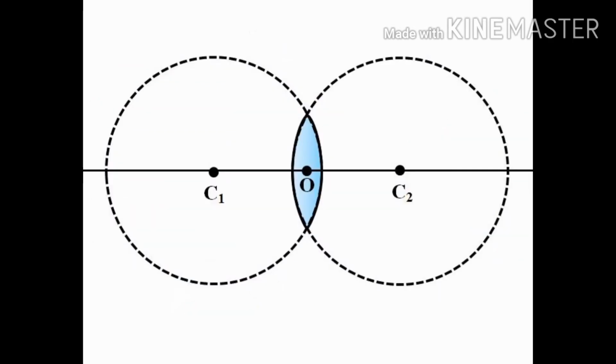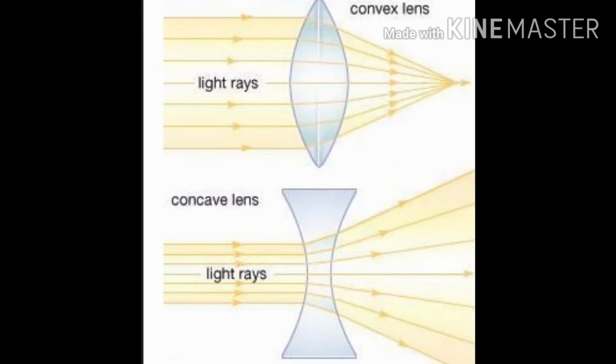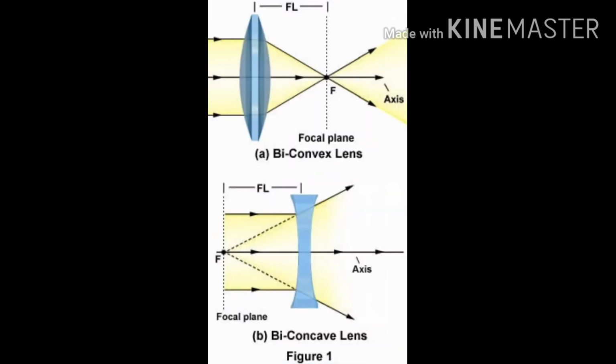A convex lens has two principal foci, F1 and F2. As the light rays parallel to the principal axis converge at a single point, the convex lens is called a converging lens. While the light rays parallel to the principal axis falling on a concave lens go away from one another after refraction, so the concave lens is called a diverging lens.